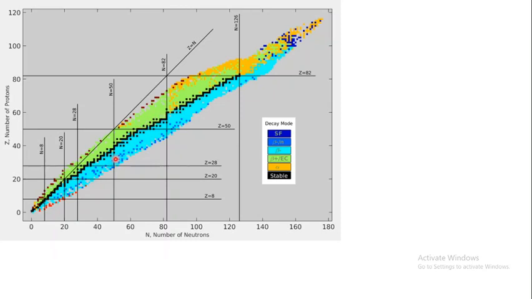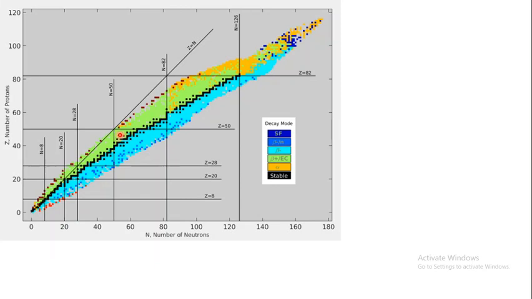So if we just keenly look over this graph, the dots and the boxes on a horizontal line show the similar atomic number, and the boxes on a vertical line show the similar neutron number.